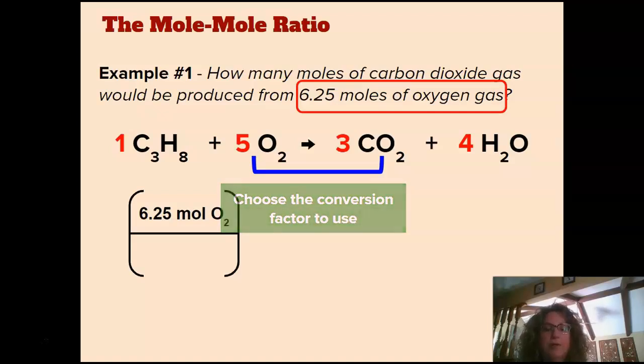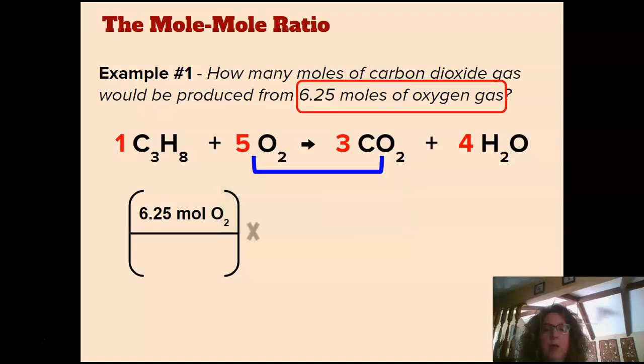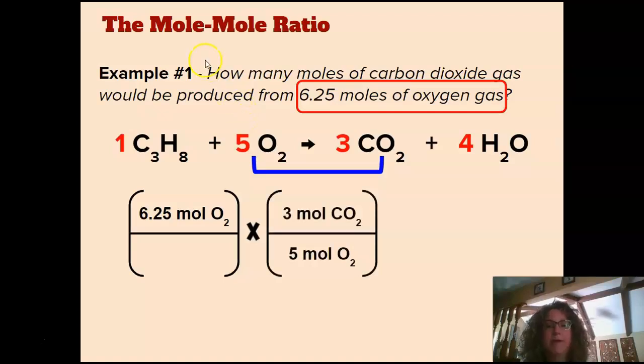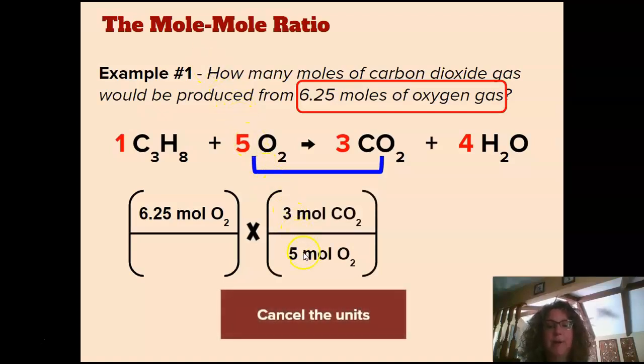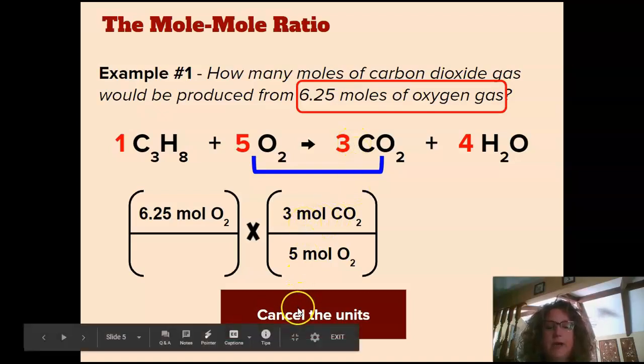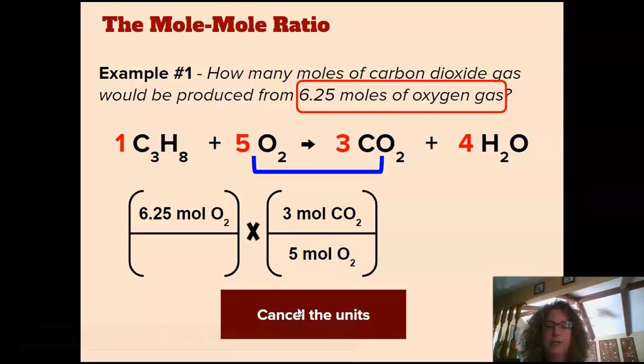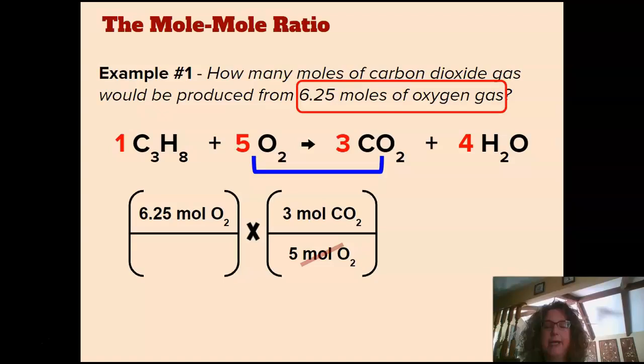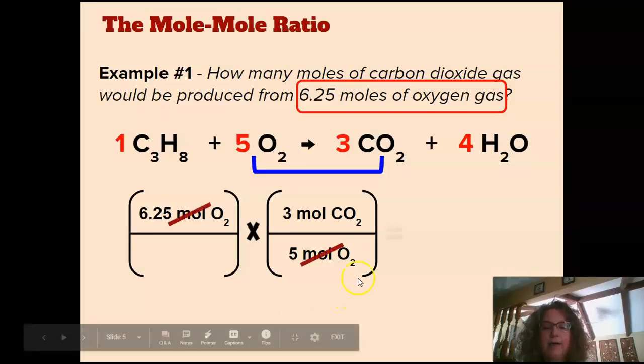So my conversion factor has my 5 moles of oxygen on the bottom, compared to the 3 moles of carbon dioxide on the top. Now I can see that my units are going to cancel. Moles of oxygen cancel, and all I have left are moles of carbon dioxide.